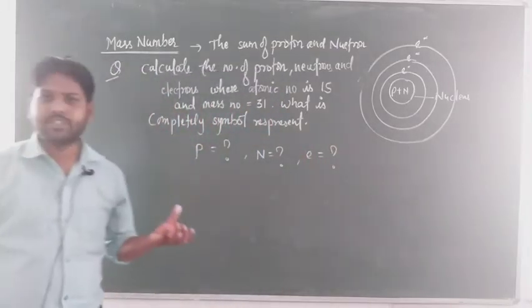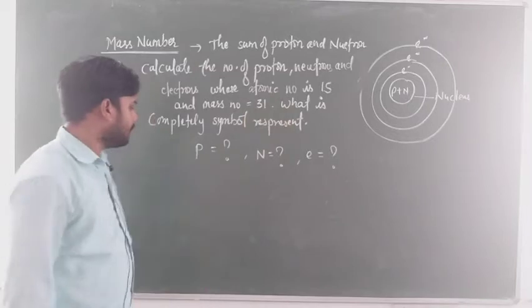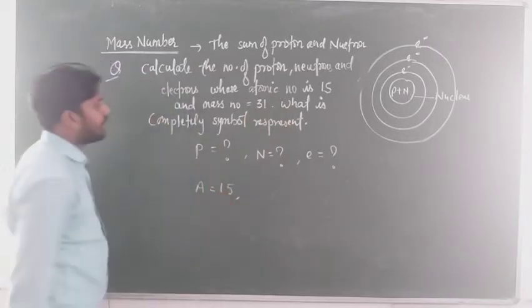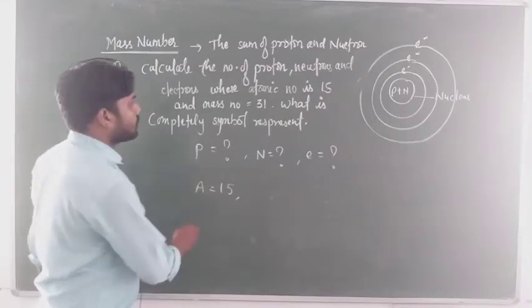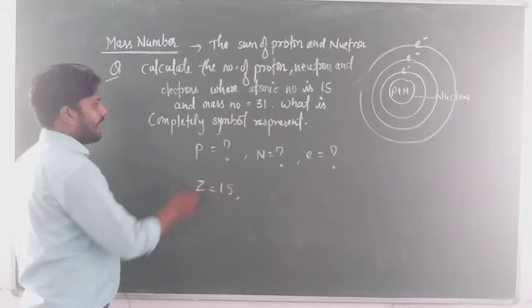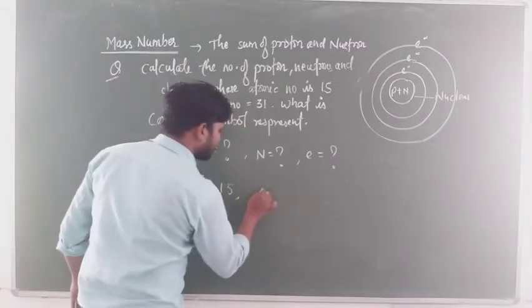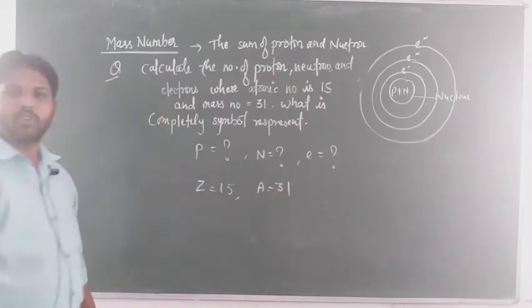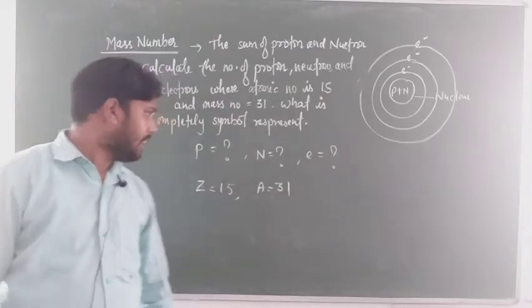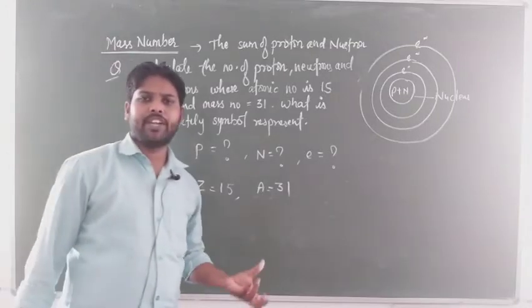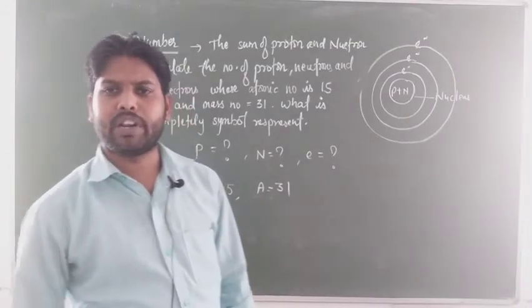The values given are: atomic number, that is Z, is equal to 15, and mass number, that is A, is equal to 31. Now from this we can easily calculate the number of protons and electrons.